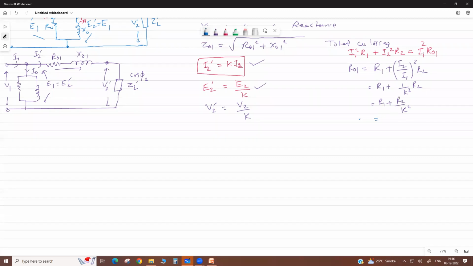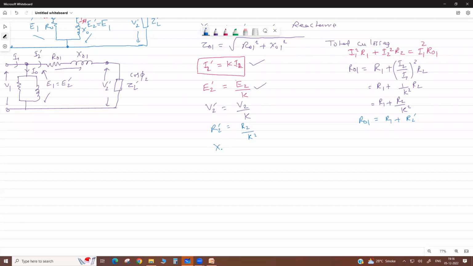Now this becomes R01, meaning R1 dash plus R2, where R2 dash is R2 divided by K square. So your resistance is divided by K square.